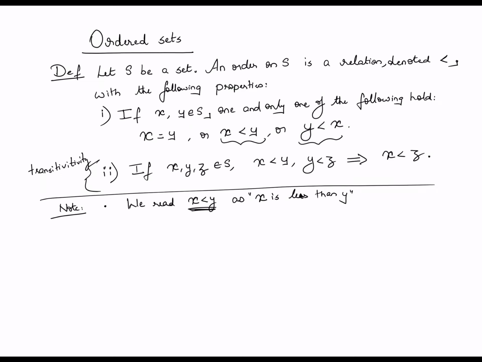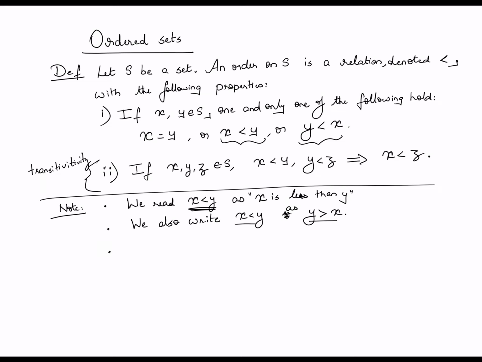They are just elements of this abstract set on which you have defined the order. So whenever this holds, we will say x is less than y. Sometimes we also write x less than y as y greater than x. Okay, these are two equivalent things. This means this. All right.